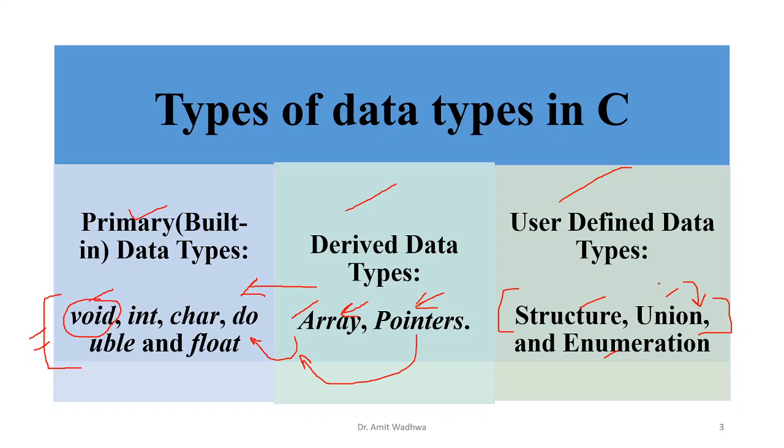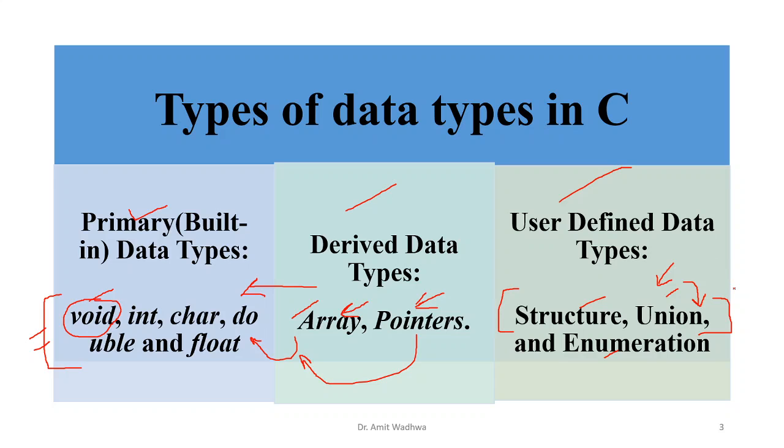So at a point of time, we cannot use all the elements of a union simultaneously. As per that, the memory requirement of a union is as per the highest element of that particular group in which different types of data items are being used.